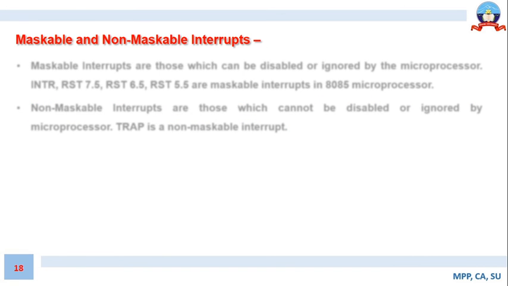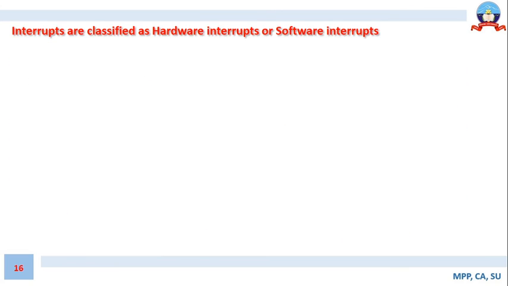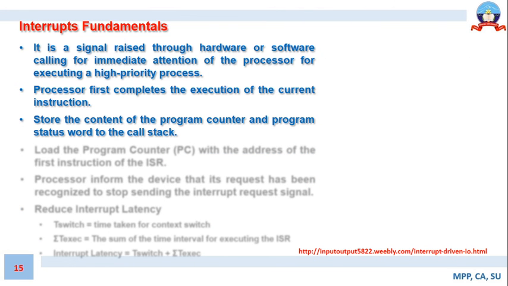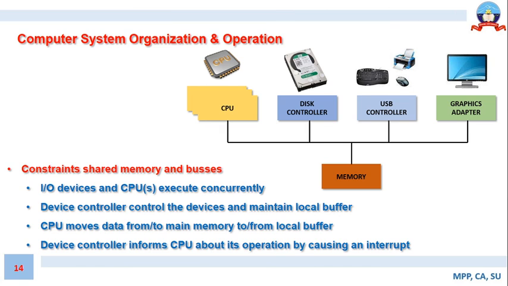So in today's class, we have learned about the computer system organization. We have learned about the various units in a computer system and their significance. Then we learned about the role of the various device controllers associated with the devices. We learned about the significance of the system buses in a computer system.